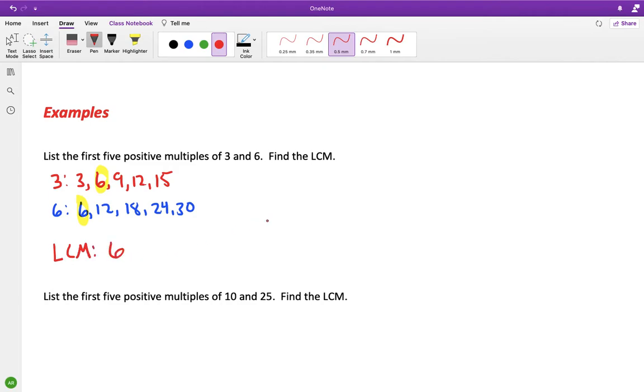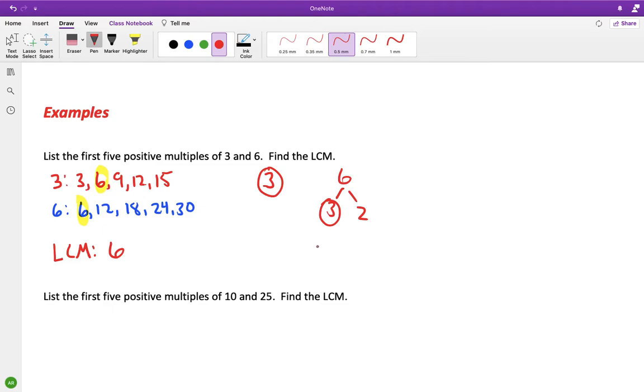Now we could also do that using prime factorization. Yeah, let's do that. So 3. Now, 3 is already a prime number. So really already done, right? So 6, I have 3 and 2. You notice that I have 3 circled.